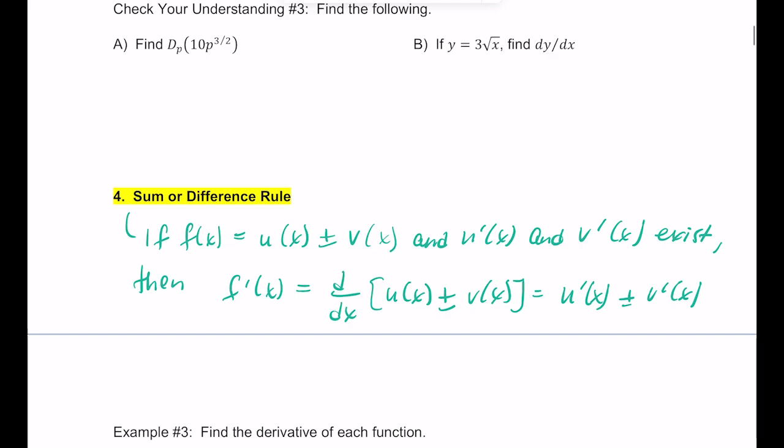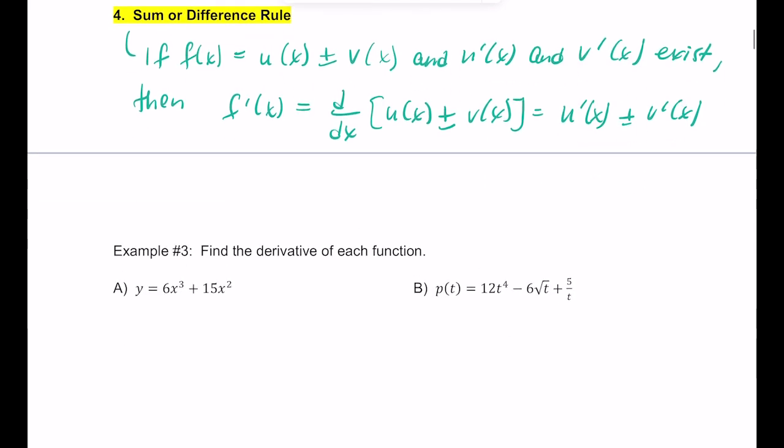Okay, let's look at an example to make it more clear. So here we have two, think of it as two separate pieces that make up this function, right? Here's u of x, here's v of x, and I'm adding. So what we're going to do is take the derivative of each and combine them, because that's all the rule tells us to do. So pretend u of x is just 6x cubed, and we'll pretend v of x is 15x squared.